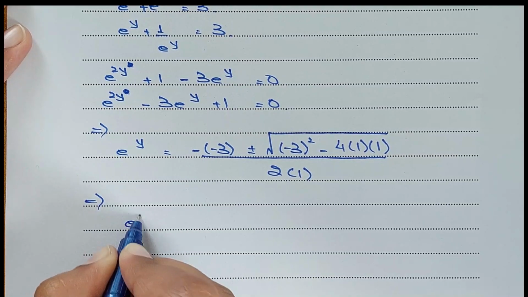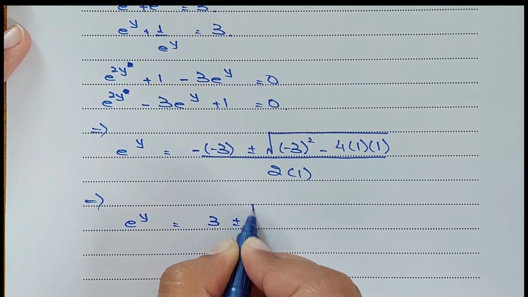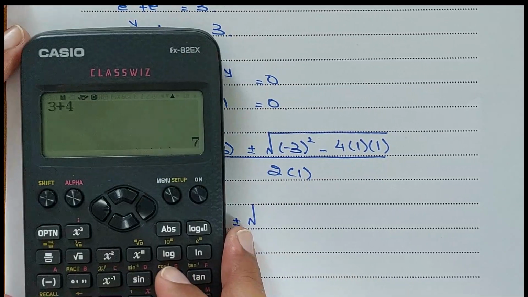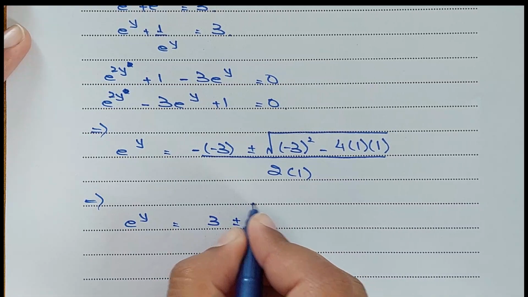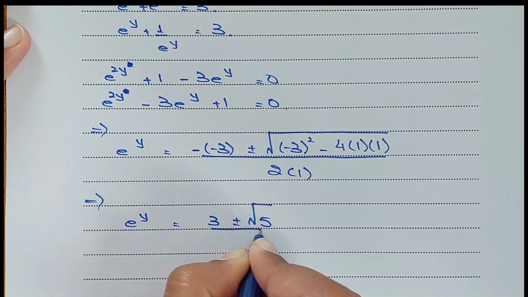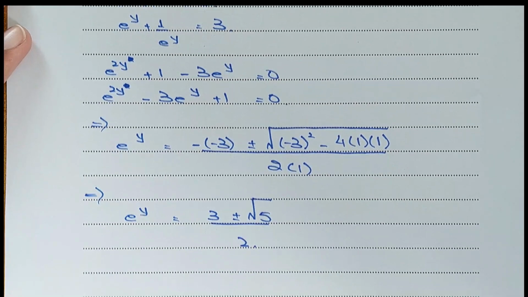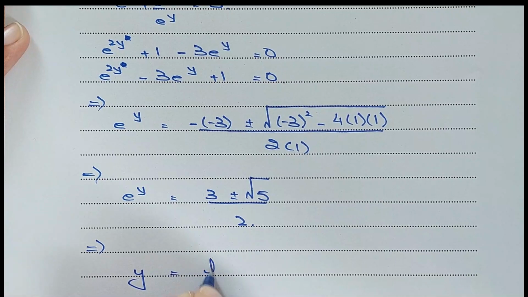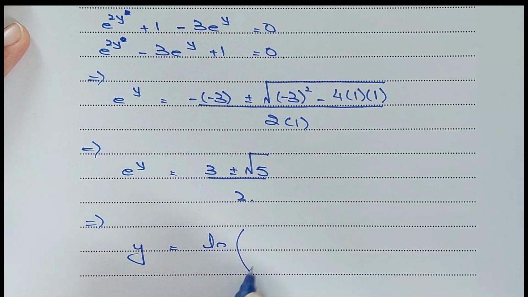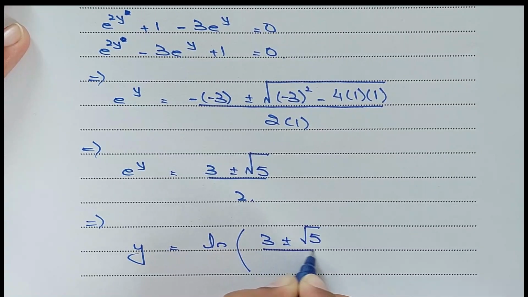So from here e power y is 3 plus minus square root 3 square is 9 and 9 minus 4 is 5, square root of 5 by 2. Right. So what is the y value? So y is equals to ln of this answer, which is 3 plus minus square root of 5 divided by 2.